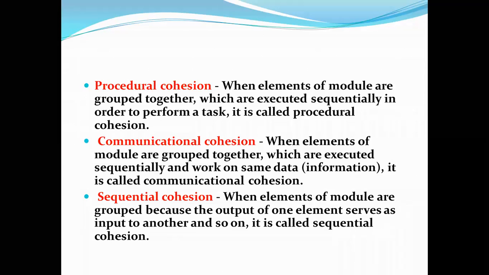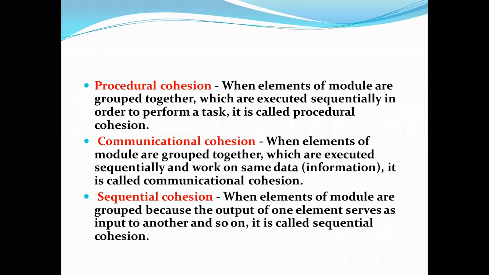Basically the steps are taking place in the form of sequence. Sequence means instruction 1, after instruction 1 there will be instruction 2, after instruction 2 there will be instruction 3, 4, 5. If there are 7 instructions, they will be executed in sequence of 1, 2, 3, 4, 5, 6, 7. So such kind of elements that are triggering one after another according to some kind of sequence will be called procedural cohesion.